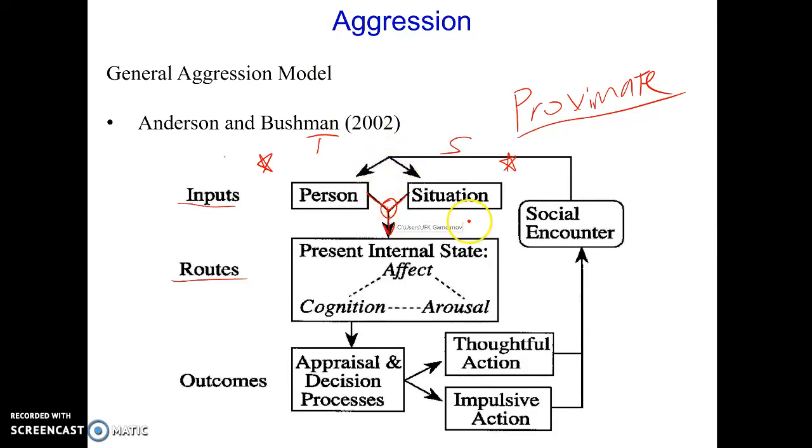So in the internal state, we have three things. Affect just basically means your feelings, so anger. Then we have arousal, so that's like heart rate, blood pressure, skin conductance, so how sweaty your palms get, things like that. And then we have cognition.